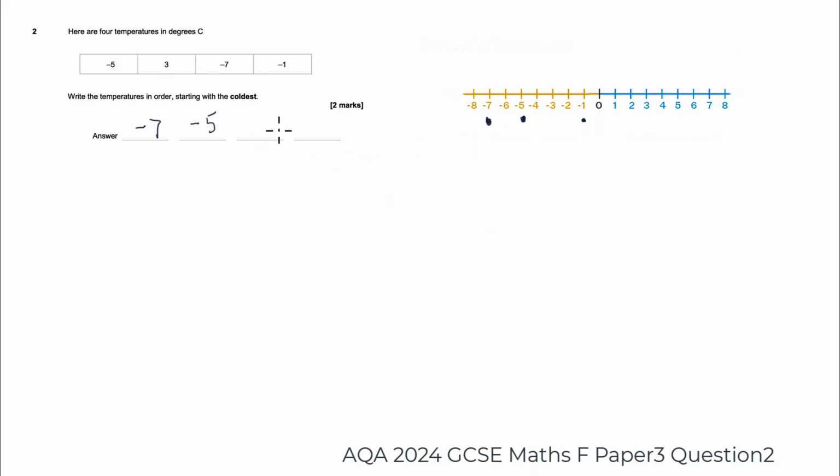So that's our 3 negative numbers put in order, and finally that leaves us with the number 3. So there's the temperatures, starting with the coldest one and moving along to the warmest temperature.